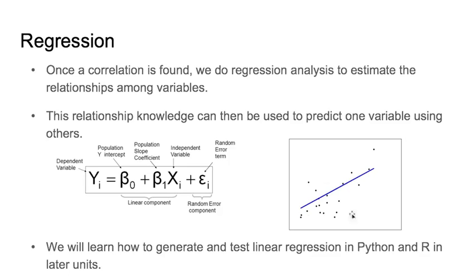What it involves, and here I'm showing this graph, it doesn't matter what the variables are, is that we could draw a line approximately that shows the relationship between the x and y axes. This line is called the regression line.